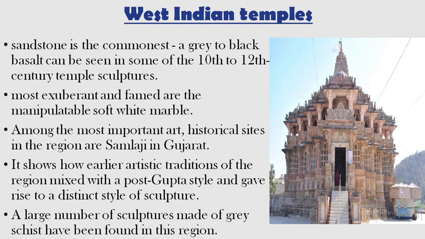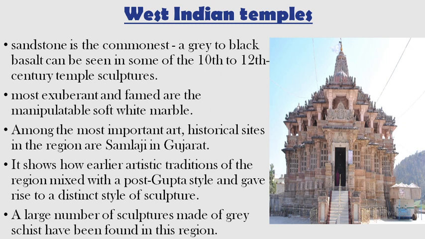We will move on to Western Indian temples. There are numerous temples in the northwestern parts of India, including Gujarat and Rajasthan, and stylistically extendable at times to western Madhya Pradesh. The stones used to build temples range in color and type. While sandstone is the commonest, a grey to black basalt can be seen in some of the 10th to 12th century temple sculptures.